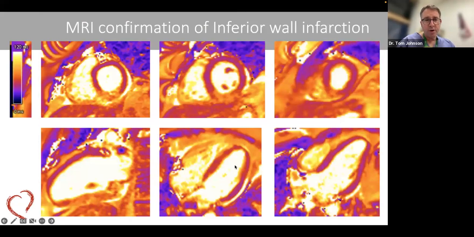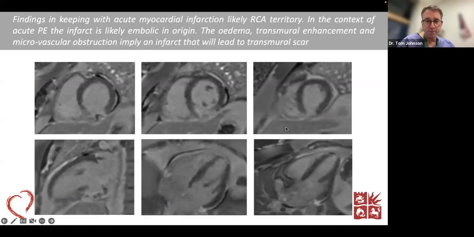Actually, the MRI was incredibly valuable because it did demonstrate quite significant edema. We can see here marked edema of the inferior wall, and then, importantly, evidence of microvascular obstruction.